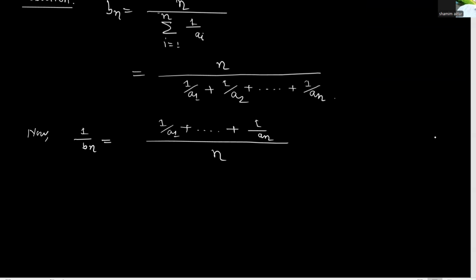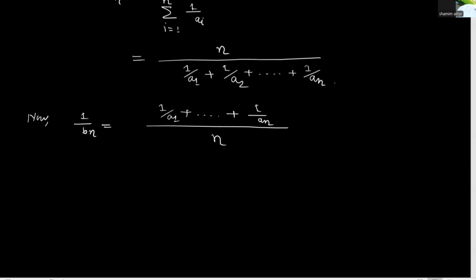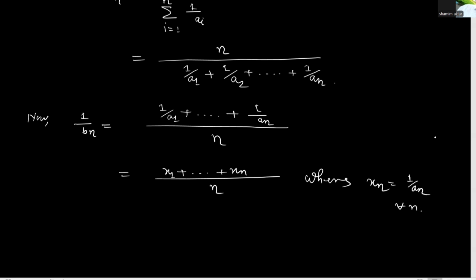And this equals (x_1 + ... + x_n) by n, where x_n equals 1 by a_n, for all n.